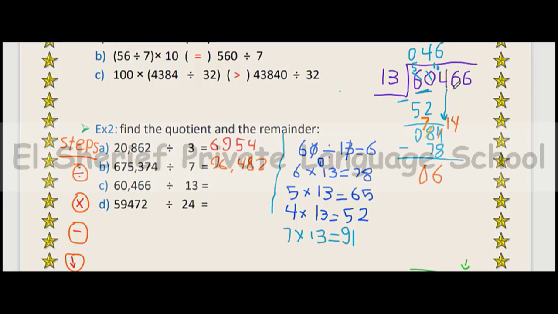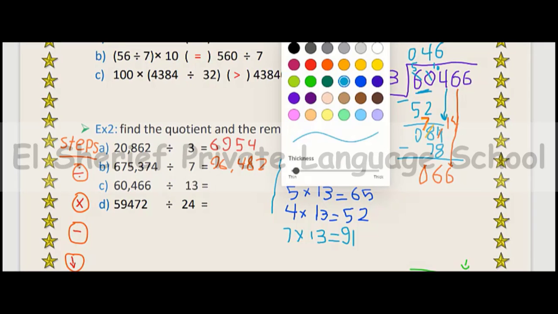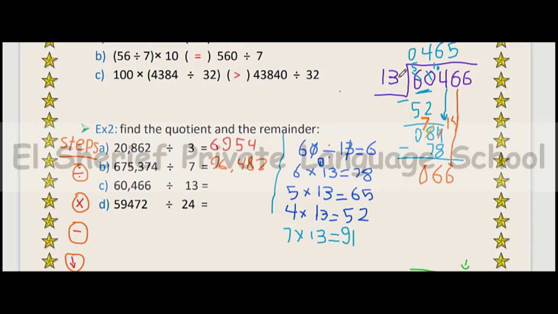Okay, the next step, down 6. So here we get 66. What is the number nearest to this number 66? 65. So 5 times 13 equal 65. Then put minus. 6 minus 5 equal 1, and 6 minus 6 equal 0.